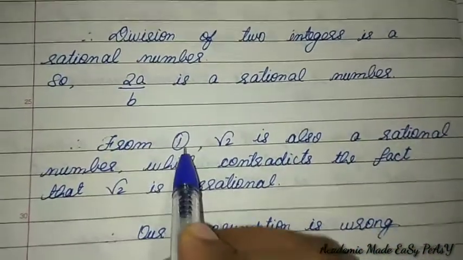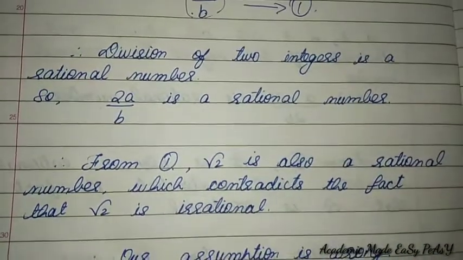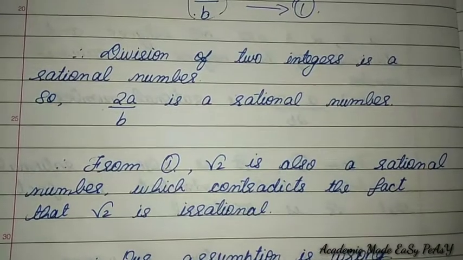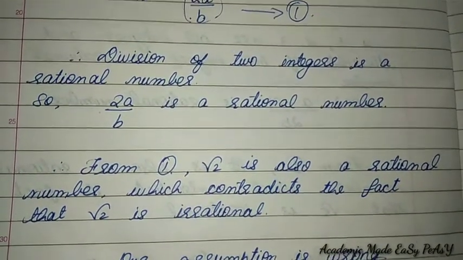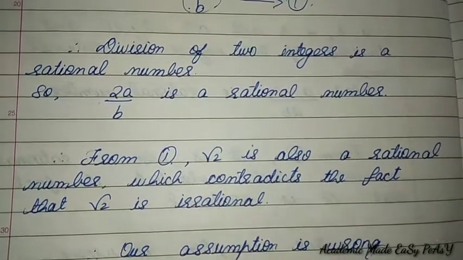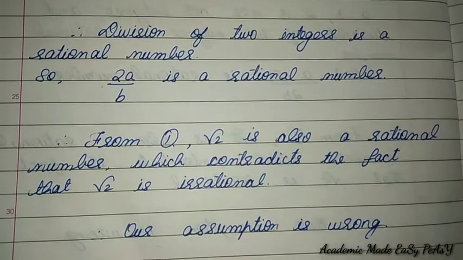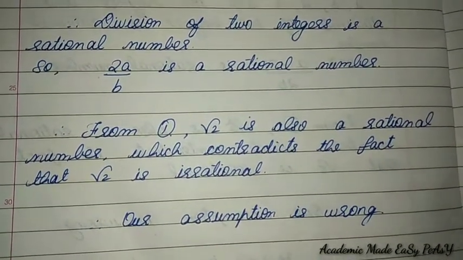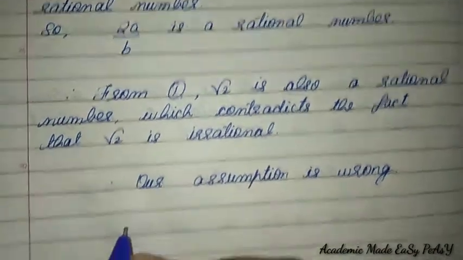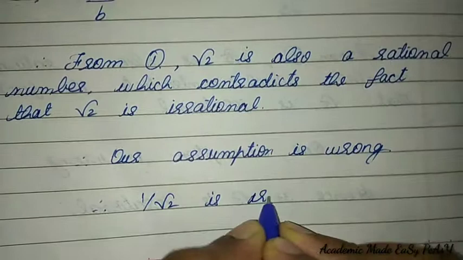So from equation 1, root 2 is also a rational number, which contradicts the fact. What fact? We already proved it is an irrational number. Now can we say it is a rational number? No. Since our assumption is wrong, we will say that 1 by root 2 is irrational. Therefore 1 by root 2 is irrational.